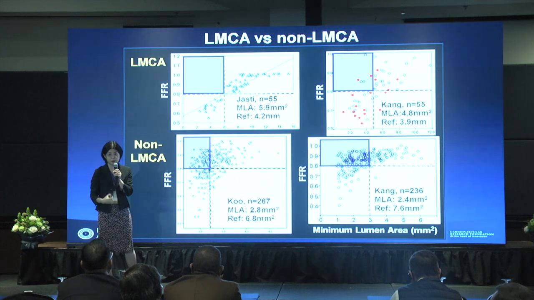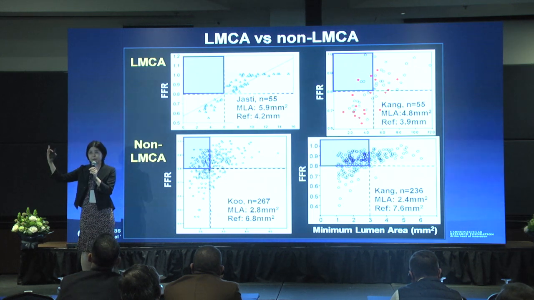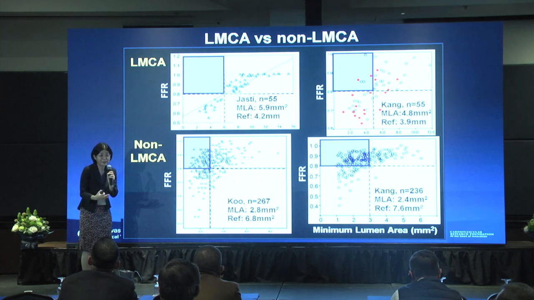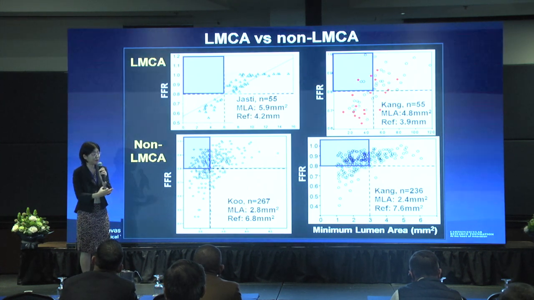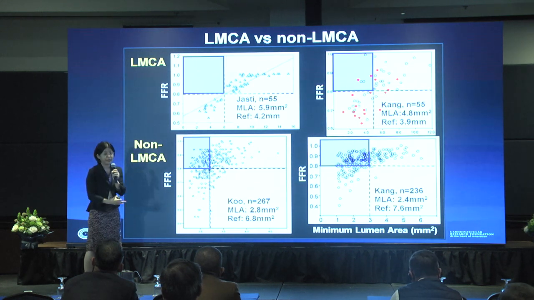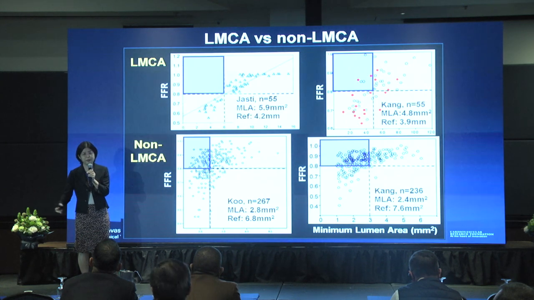You get the small MLA, but FFR is negative. Because epicardial artery has a lot of variation, sometimes very small and sometimes small territory. So we cannot decide based on the MLA only. That's the epicardial artery. Overall, accuracy using the MLA to predict physiological positive in the non-left main epicardial artery is 70%.